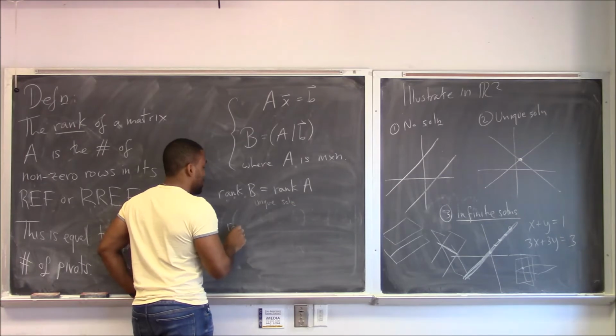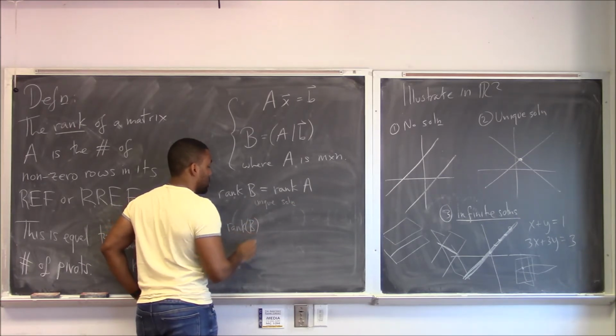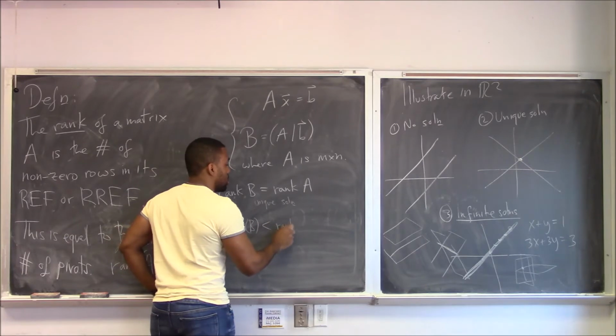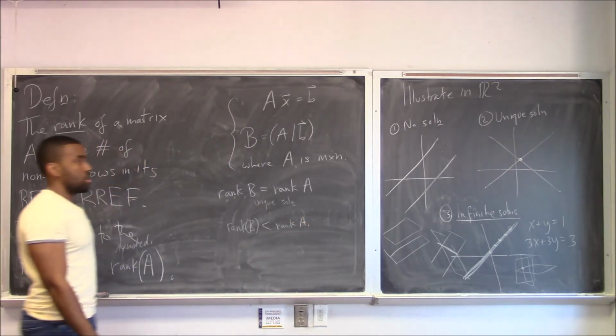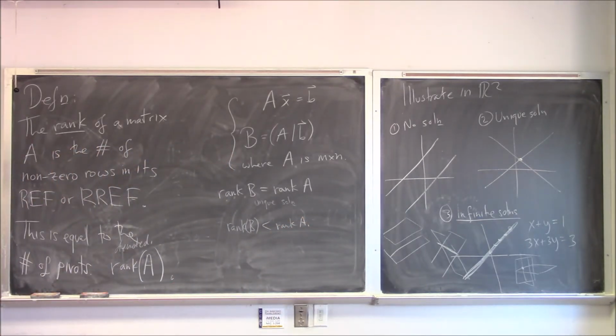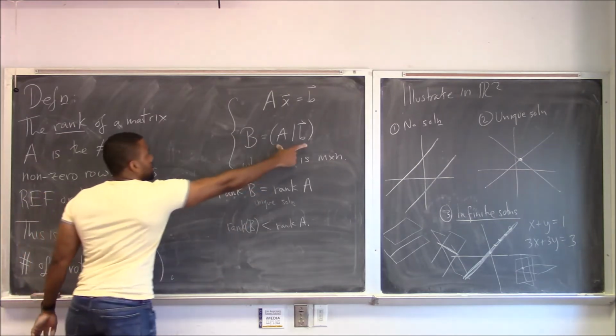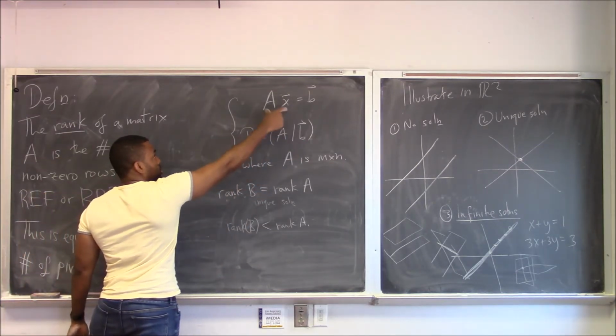What about if the rank of B is less than the rank of A? Is that even possible? Could the rank of B be less than the rank of A? Could the number of pivots in this thing be less than the number of pivots in this thing?